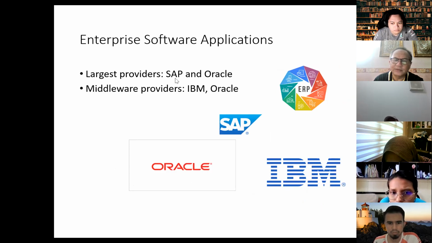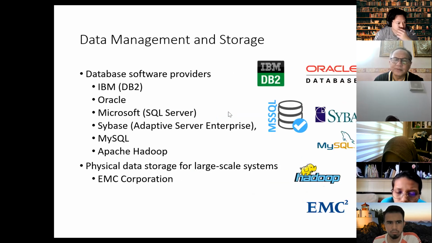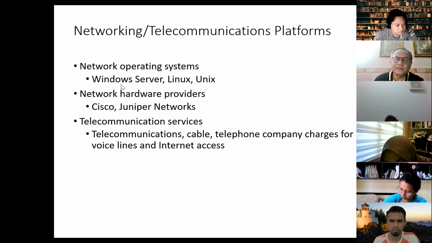The largest are SAP, Oracle. There are middleware providers, IBM and Oracle. For data management and storage, we have IBM, Oracle, Microsoft SQL Server, Sybase, Hadoop meant for big data, and then the physical storage, EMC.